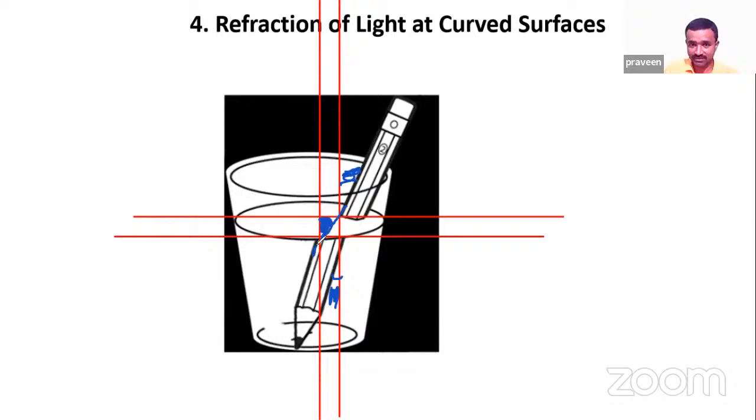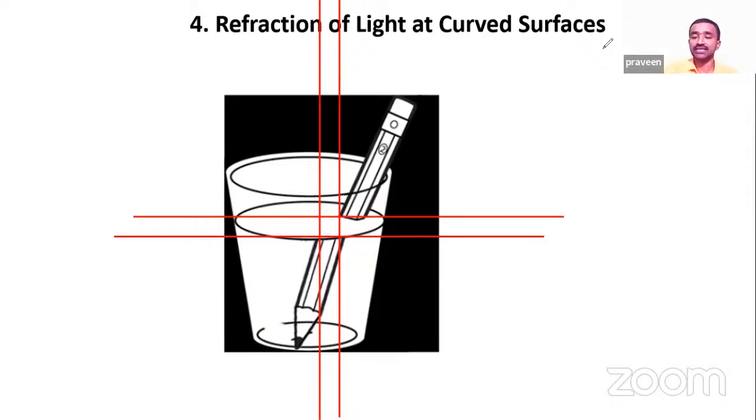Inside, what happened? It became smaller. So that's why we use RTDT. Rarer to denser towards the normal. RTD, rarer to denser. Another T, towards. So use this code to avoid confusion. Simple, logically we can follow, right?